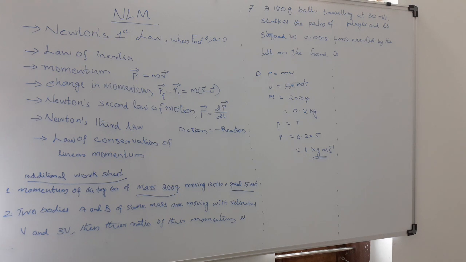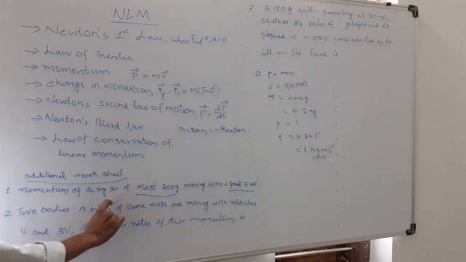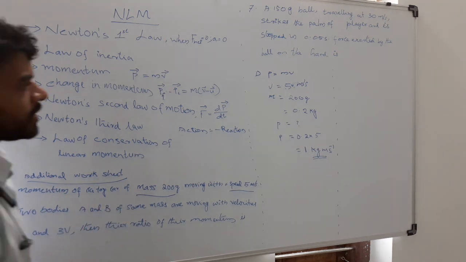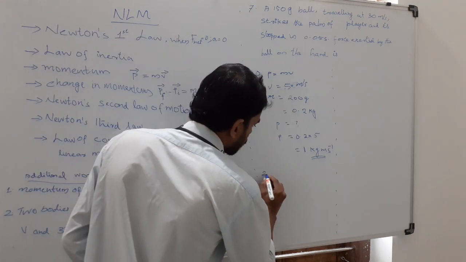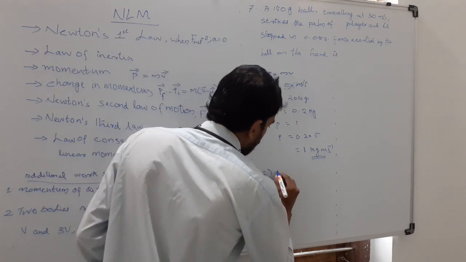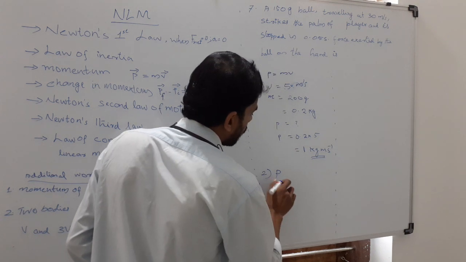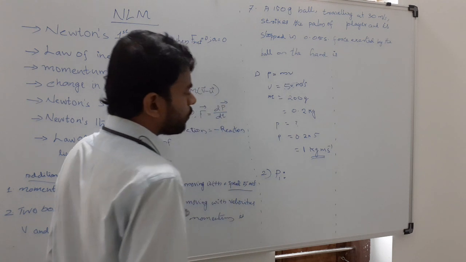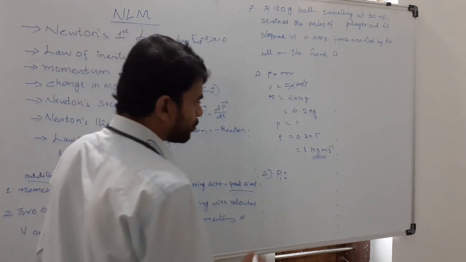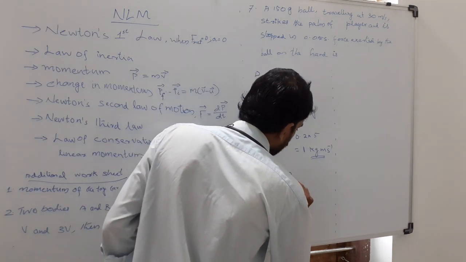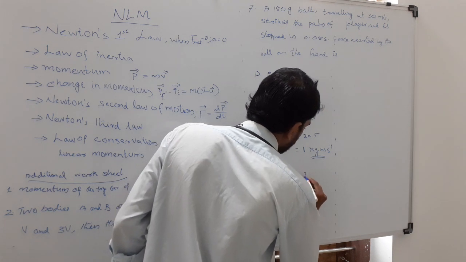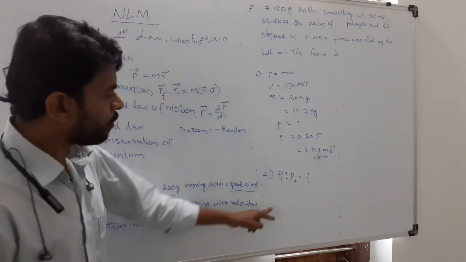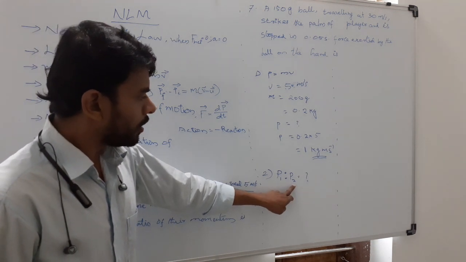We have to find the momentum of A to the momentum of B. If we consider the momentum of A as P1 and the momentum of B as P2, then we are asked to find the ratio P1 to P2.